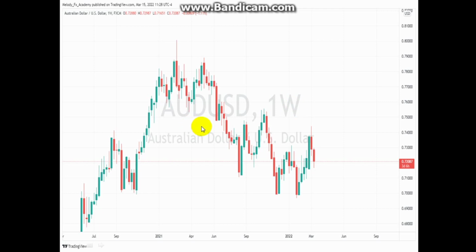Remember, we always start our analysis from the weekly time frame to get our directional bias, just as we talked about in our previous lessons. This is not on a weekend; this is today's price action on Tuesday, March 15, 2022.